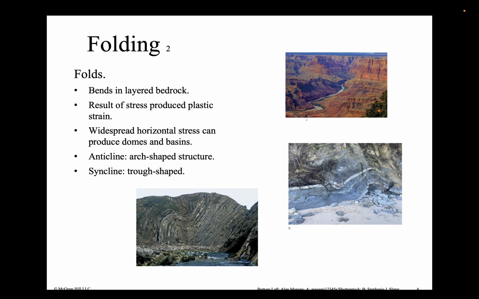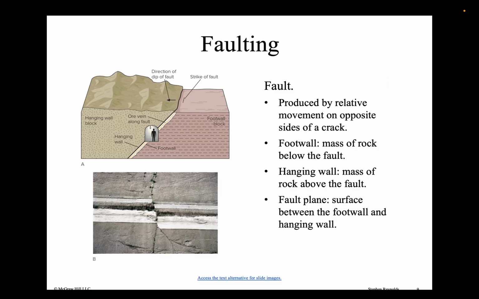But again, mountains or valleys are never fully formed as long as there is water running through or erosion happening in that region. So folding is one process that can change the shape of these rocks and these mountains. But another process that can happen is a fault.